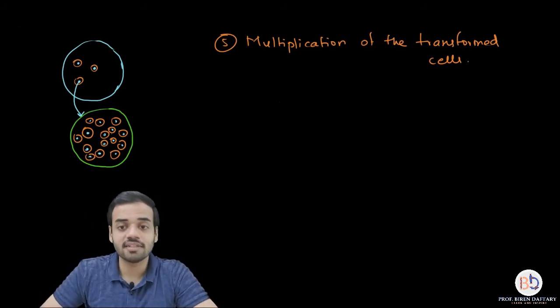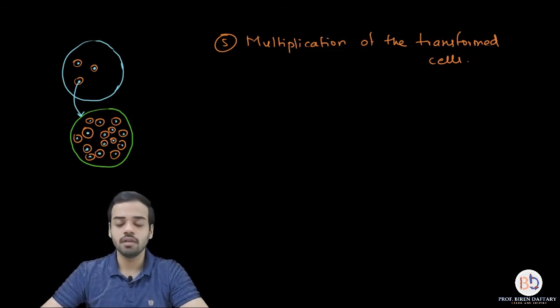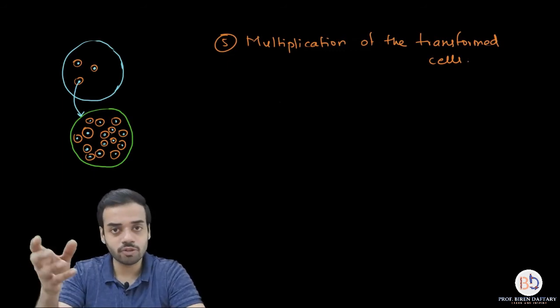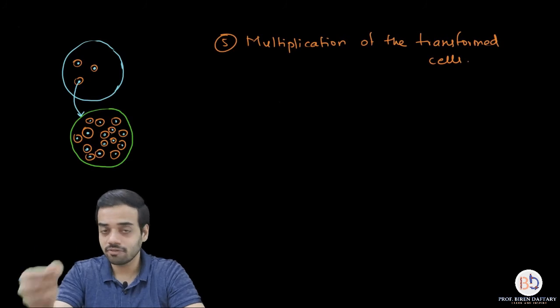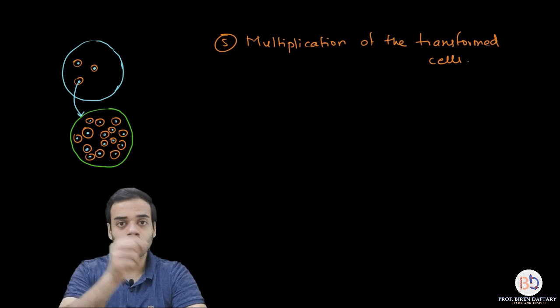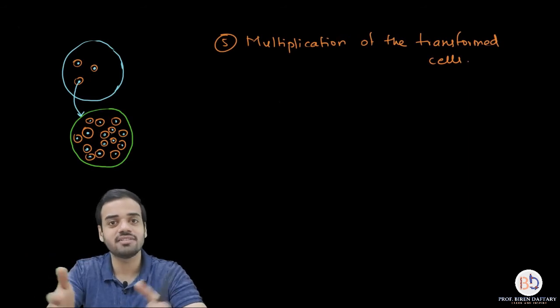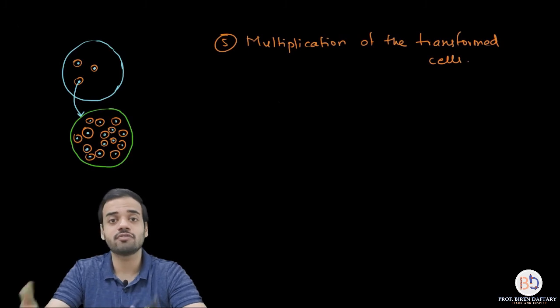So that is the next step, multiplication of transformed cells. So how do you do it? Very simple. The cells which have been transformed, now you know which of them they are. You just pick one from that colony, you put it into a new culture dish because you want more space. And obviously in the previous culture dish there are a lot of waste dead cells also, so you don't want to grow transformed bacteria over there.